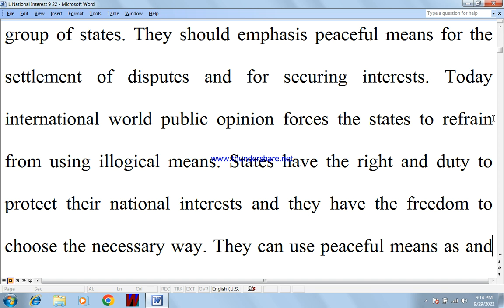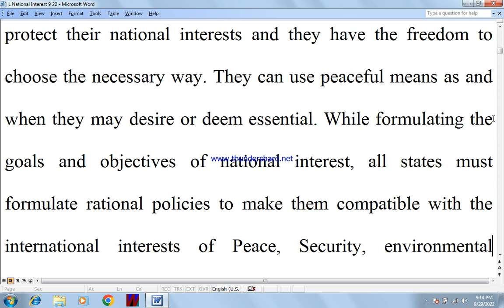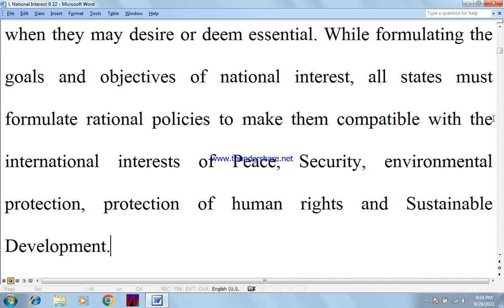States have the right and duty to protect their national interest, and they have the freedom to choose the necessary way. They can use peaceful means as and when they may desire or deem essential, while formulating the goals and objectives of national interest.